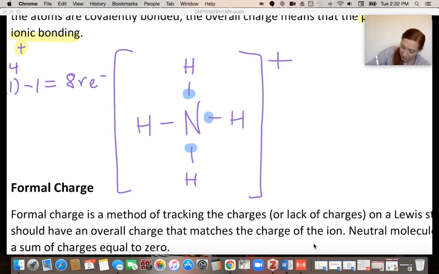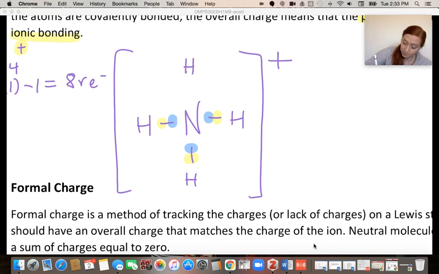Let's think about these bonds as being 1 electron from nitrogen, let's go yellow, and 1 from hydrogen. Hydrogen supplies 1 valence electron in each case, which matches up. Nitrogen should have 5 valence electrons, but based on what we see here, it's only supplying 4. That shows that the nitrogen is where the electron was lost.